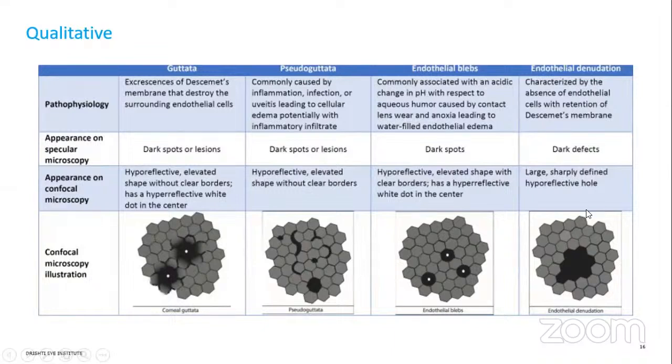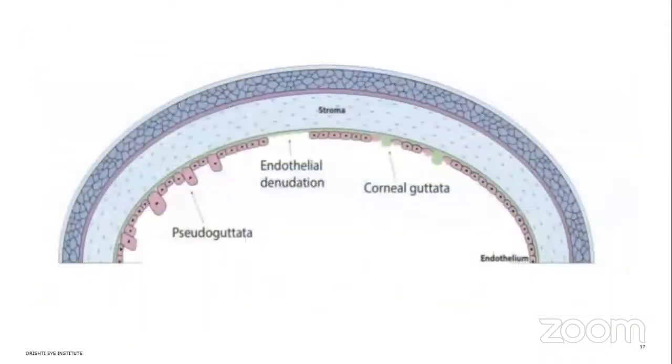Endothelial denudation is a sharply defined hyperreflective hole without any white dots in the center. This microscopic picture shows that guttata arise from Descemet's membrane, while pseudoguttata and endothelial denudation don't have any Descemet's membrane disturbance.